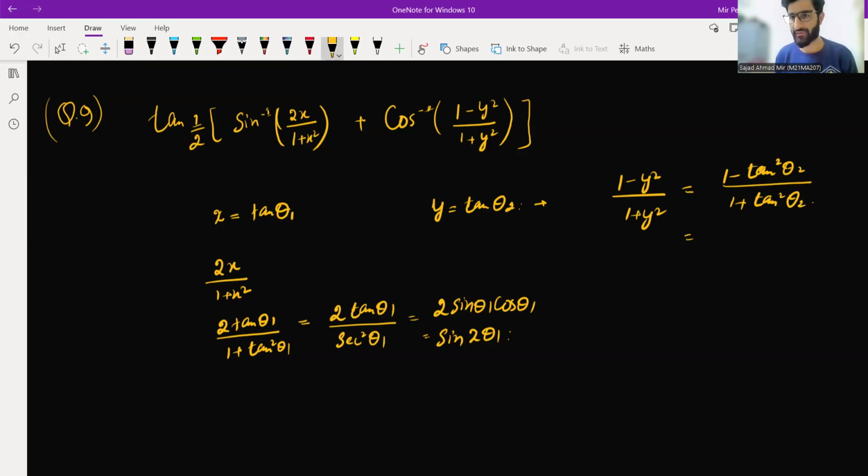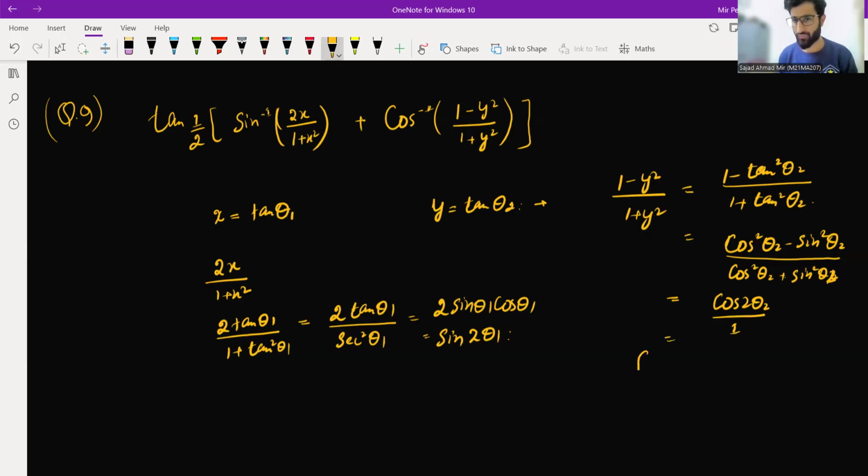Now if I simplify it in terms of sine and cos, I can write it as cos square theta 2 minus sine square theta 2 divided by cos square theta 2 plus sine square theta 2. This part is cos of 2 theta 2 divided by 1.